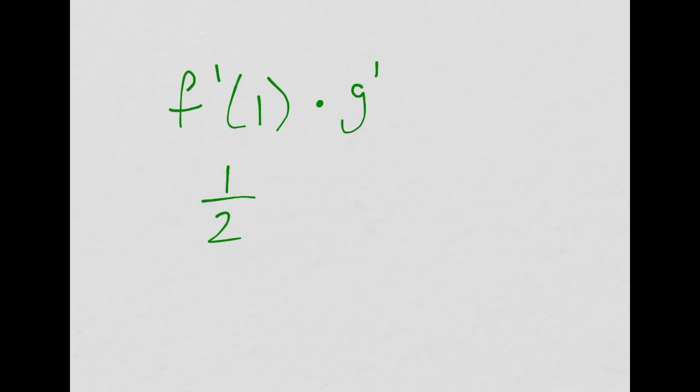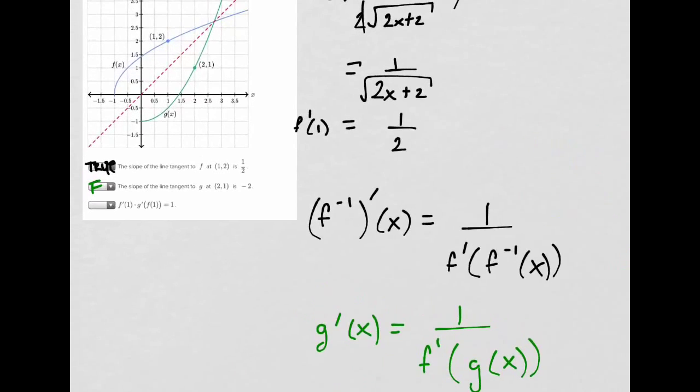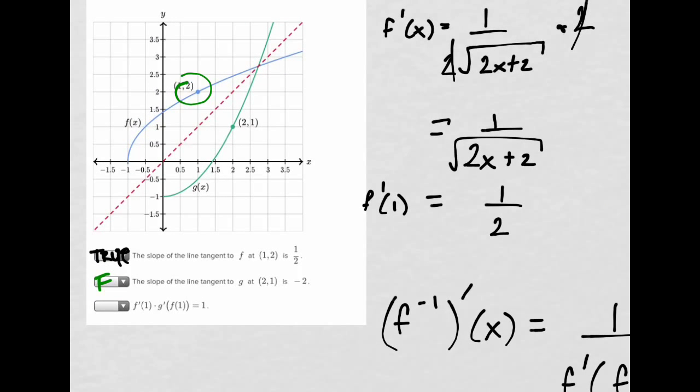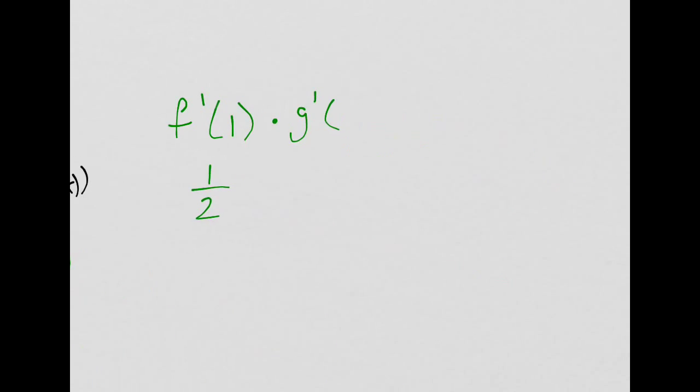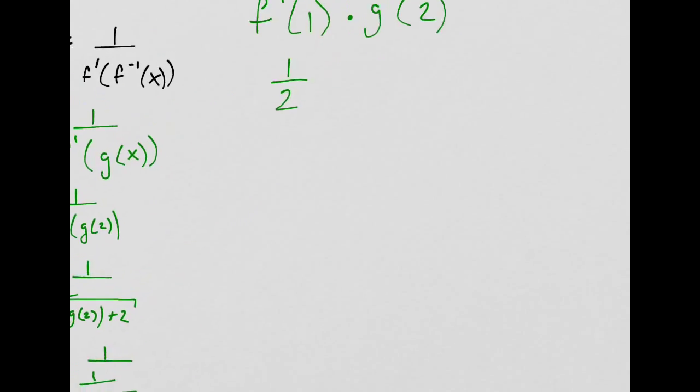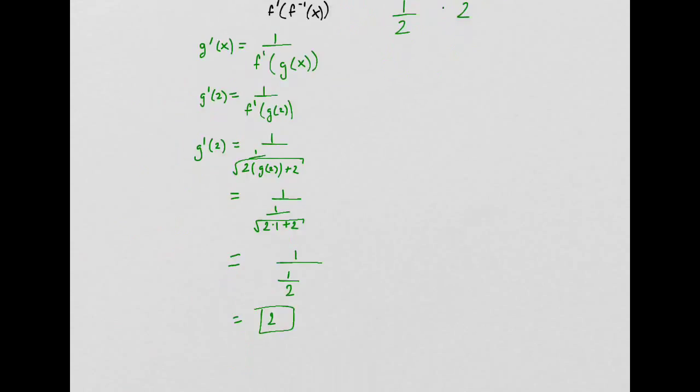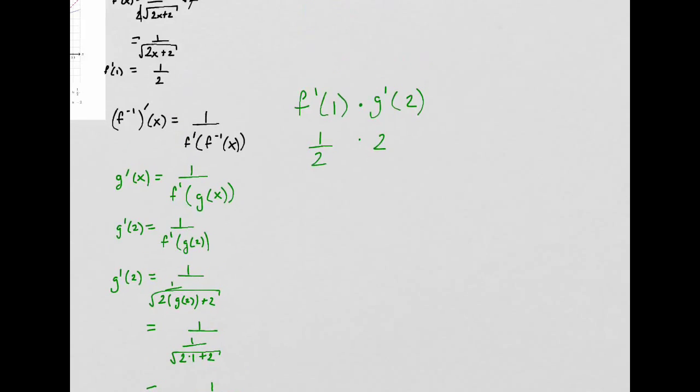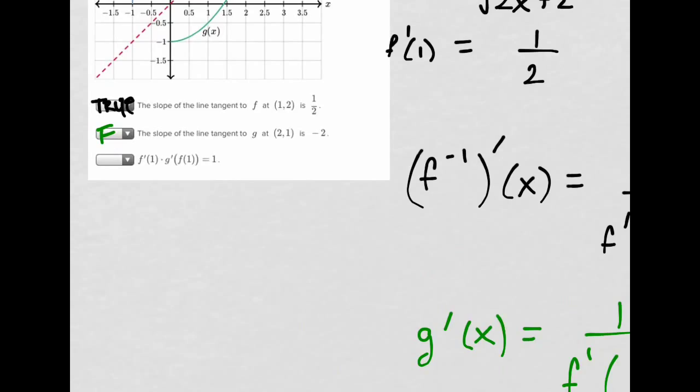Well, that's g prime of, what is f of 1? F of 1 is 2. So g prime of 2, because that's the same thing as f of 1. Well, we already know that g prime of 2 is 2. We just found that out. So that equals 1. So that is also true.